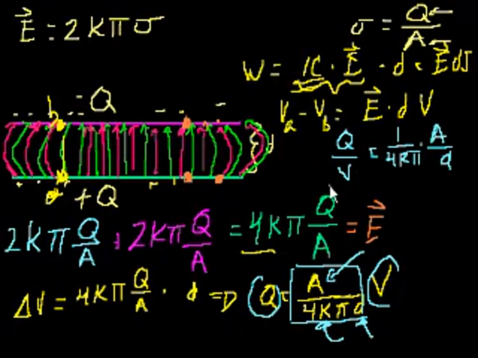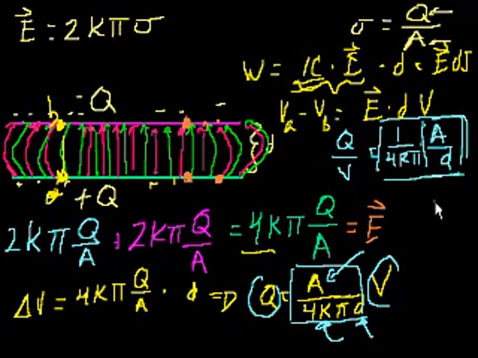What it essentially says is, for a given configuration, and the configuration is defined by the area of the plates and the distance, if I know the amount of charge that I put onto the plates, a minus Q here and a plus Q here, I know the voltage across the plates, or vice versa. If I know the voltage across the plates and I know its configuration, I know how much charge there is. And this is called capacitance.